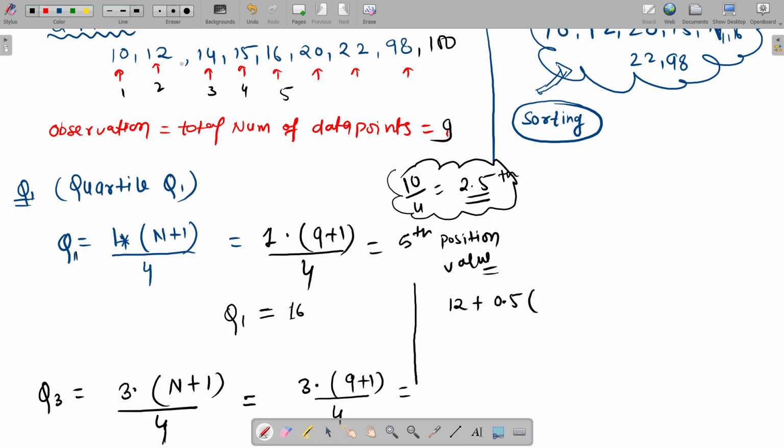So the third position value is 14. So 12 plus 0.5 times 14, that is 7. So 19 is our Q1. Okay, so here Q1 is 19.